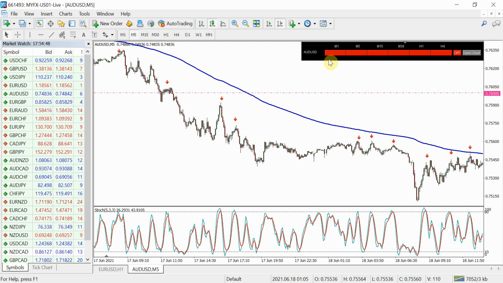What I like to do is use it more as a scanner than anything else, and you can show all currency pairs or everything that's inside your watch list over here. Just bear in mind that the more pairs you put in, the more processing power it takes to run, because there's a lot of things going on behind the scenes to deliver this kind of table.